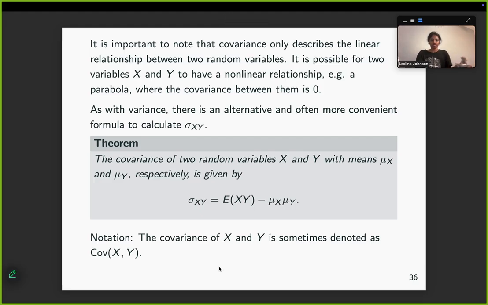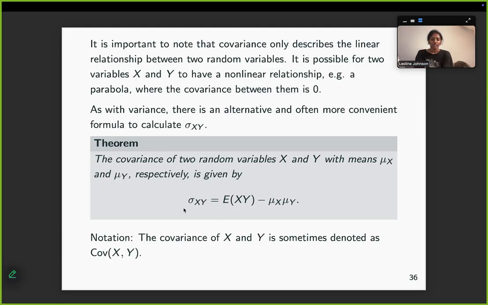Covariance is used to describe the linear relationship between two random variables, but it's also possible for two variables, X and Y, to have a nonlinear relationship where the covariance between them is 0. As with variance, we have another theorem that we can use to calculate covariance that's much simpler and easier to use.